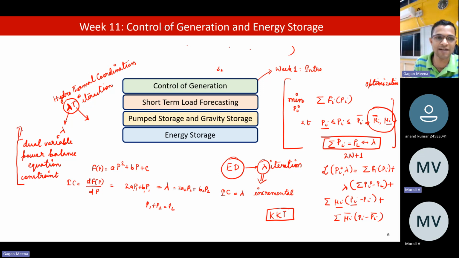So this is corresponding to total generation equal to load. And this is corresponding to hydro constraints, but what is that constraint? It is related to inflow and outflow of water. Whatever water inflow is there, inflow is equal to outflow.